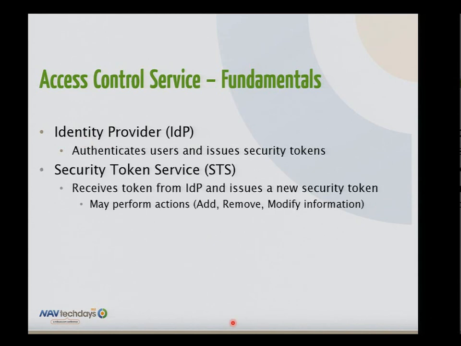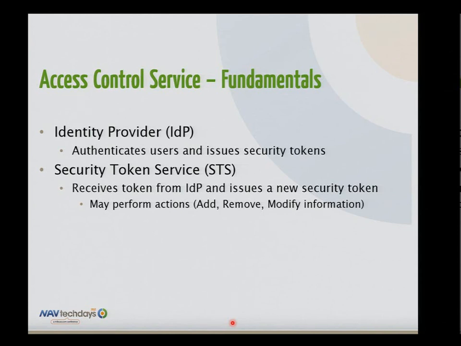Next we have the STS, Security Token Service. Basically, what it does is receive a token from the identity provider and transform it into something known or usable by the configured application, in our case NAV.